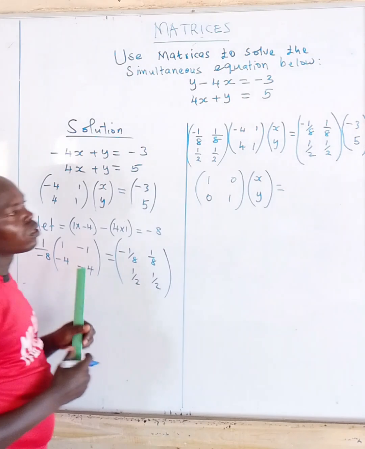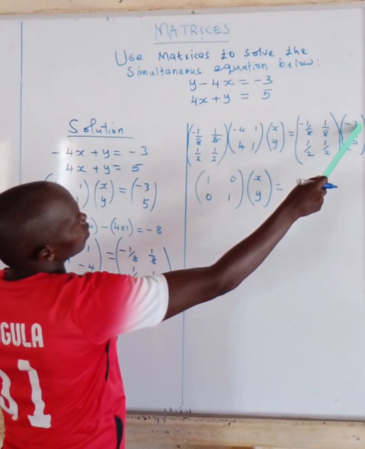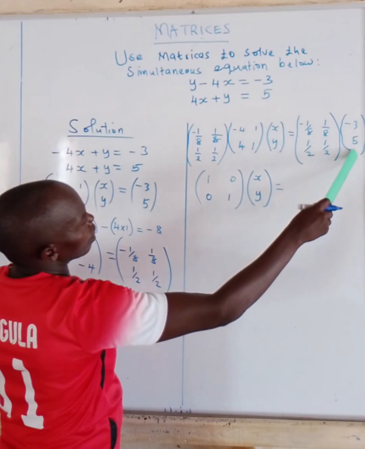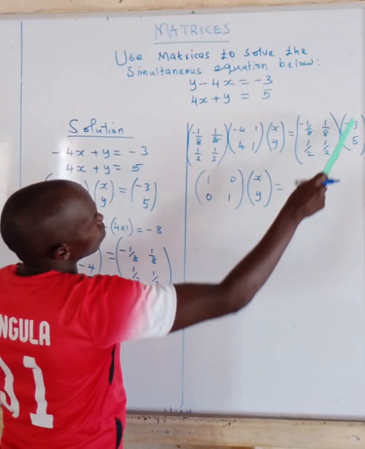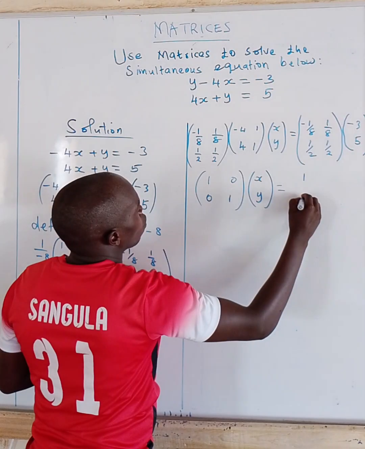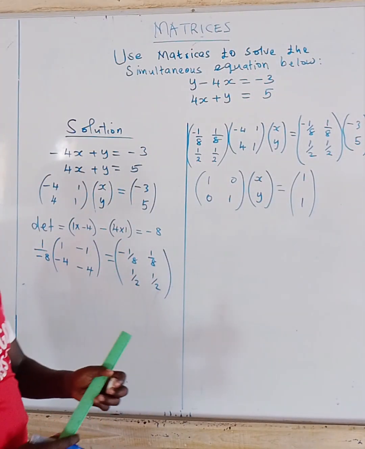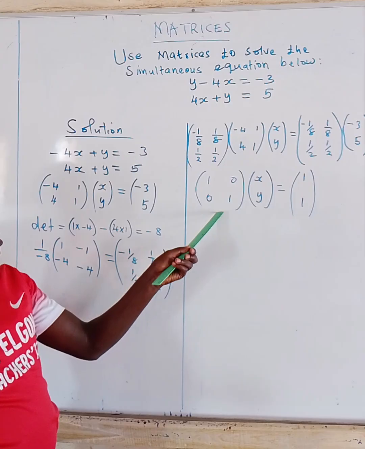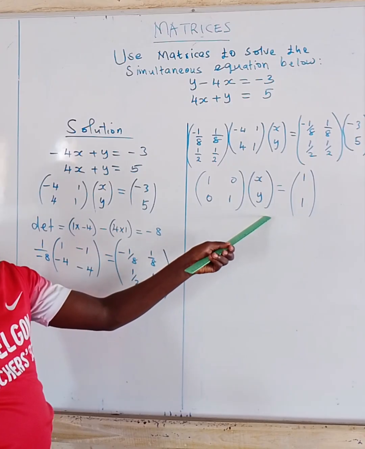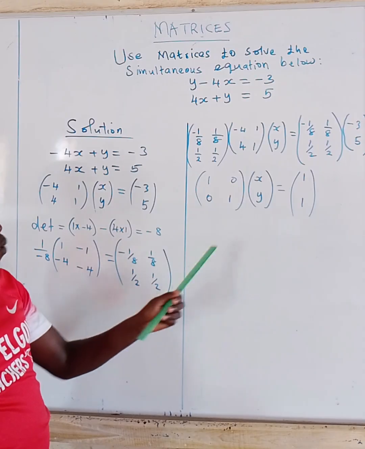It is equal to, if you multiply this matrix by this matrix, you multiply the row by the column, then you multiply this row also by this column. We shall get 1, 1. Now, multiplying the identity matrix by the matrix is just like multiplying by 1.